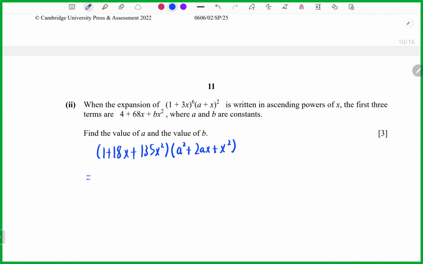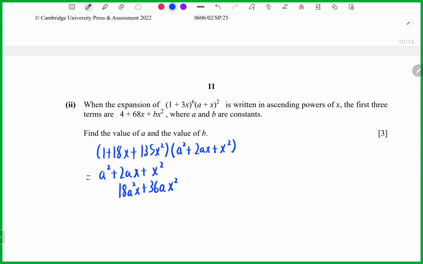Let's multiply the 1 first, so you will get a squared plus 2ax plus x squared. And then the second, 18x multiply with these three terms, so we will get 18a squared x, and then plus 36a x squared. For the x squared term, you don't need to multiply, because you will get x cubed. So actually you don't need to multiply.